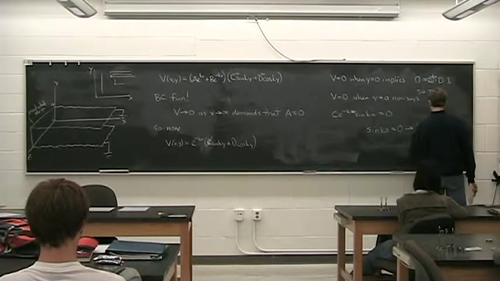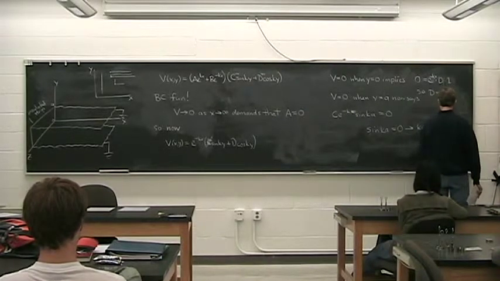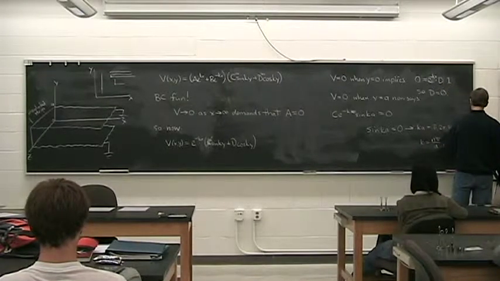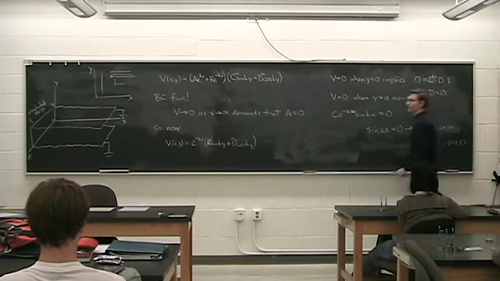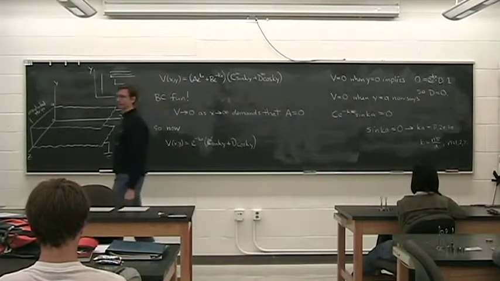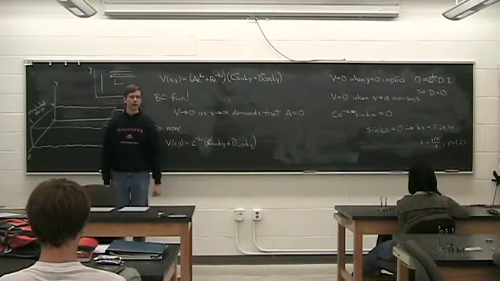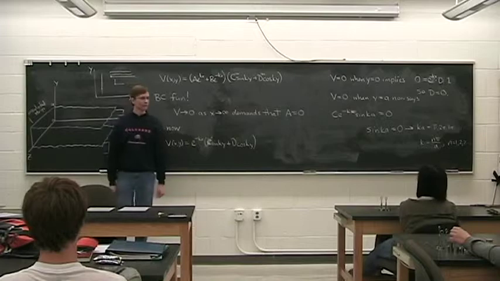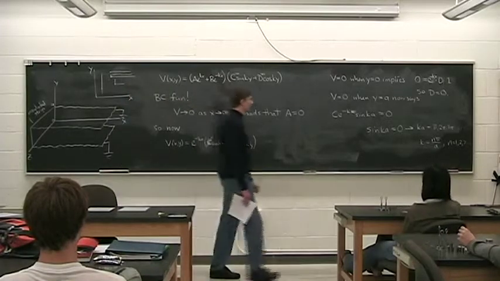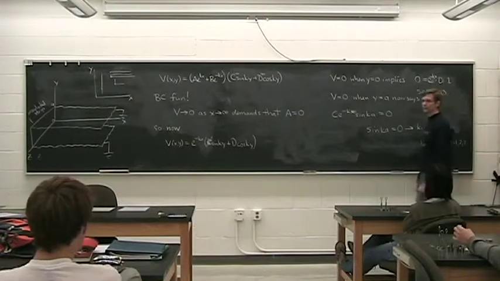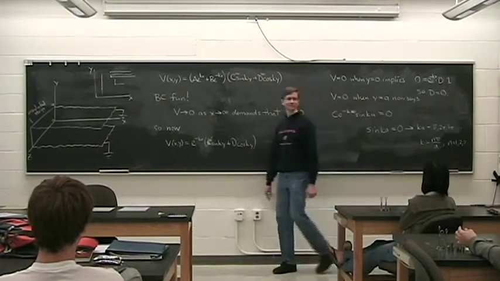Or in other words, k should be n pi over a for n equals 1, 2, 3, and so on, integers. Now you might say, but minus pi, and minus 2 pi, and minus 3 pi, and so forth work. So how come we don't include negative integers too? Why don't we include negative integers too?